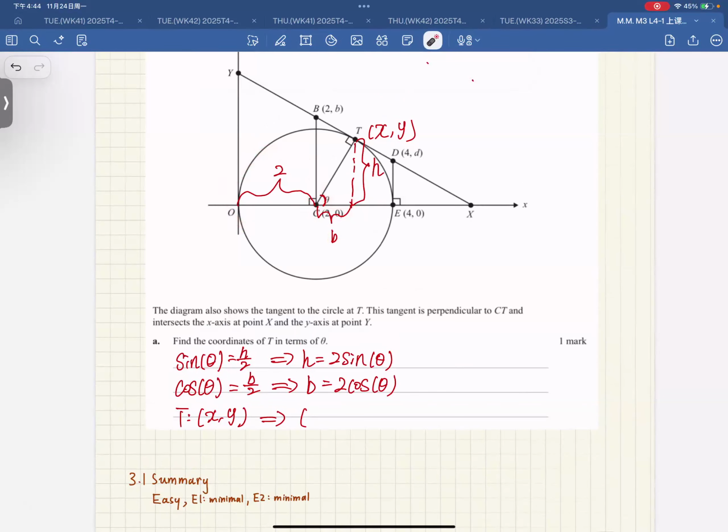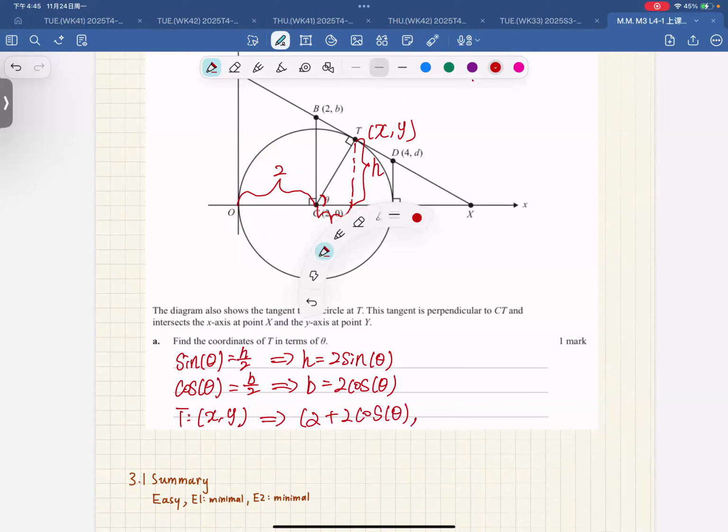So the x coordinate is 2 plus 2 cos theta, comma, and the y coordinate is just 2 sine theta. That's it. You got 1 mark.